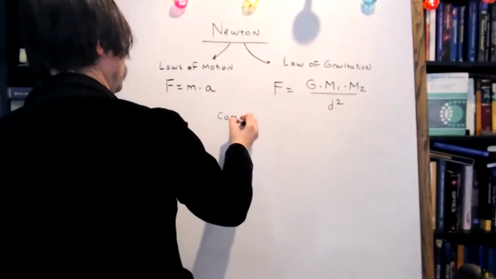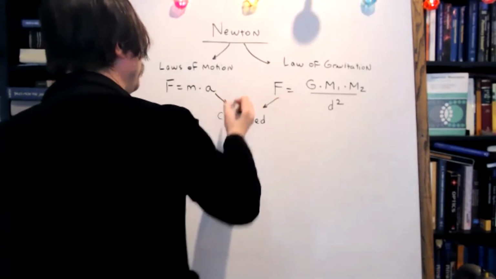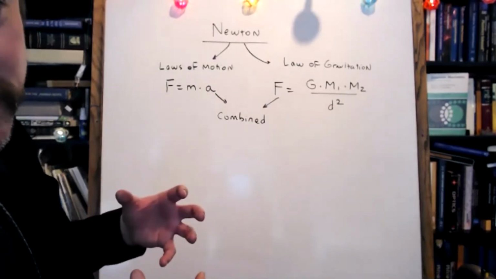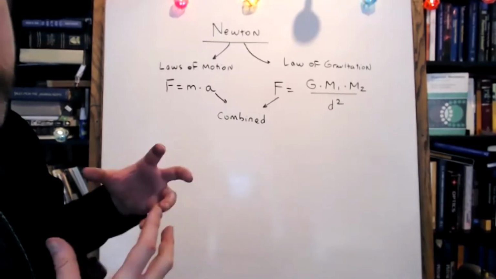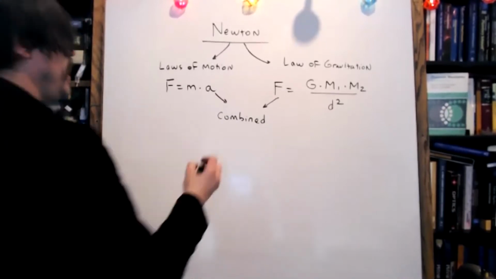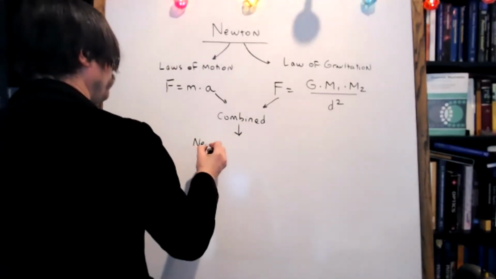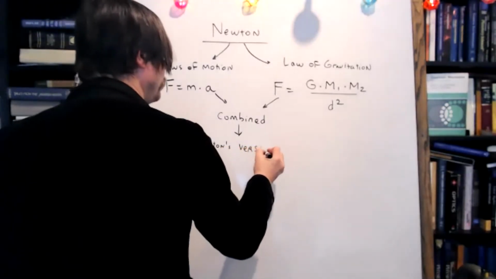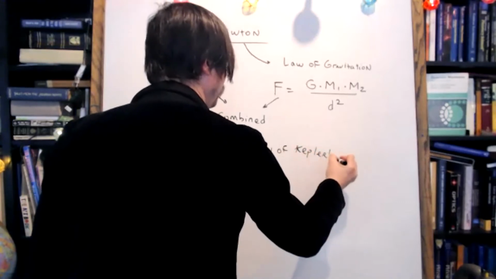Now, if you combine these, you can rederive all of the different laws of planetary orbits that Kepler had worked out, but you can make new, more powerful versions. And he combined them to make what we call in our class Newton's version of Kepler's laws.